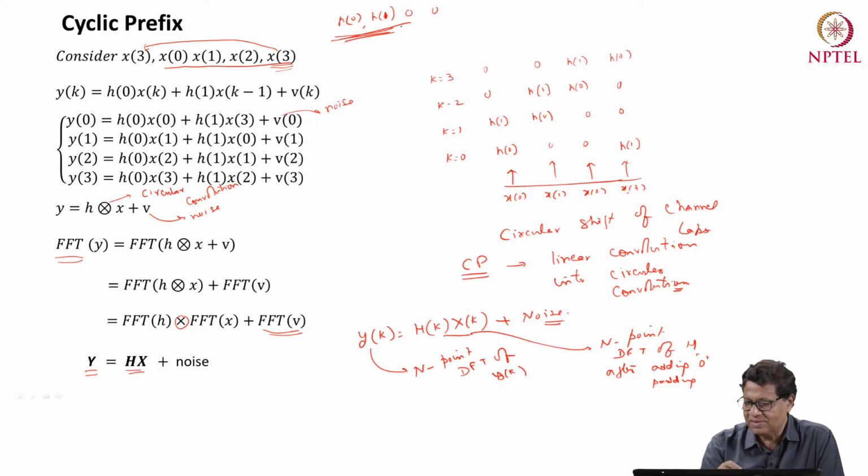So you have added them as 0, and then taken the N point DFT after adding padding with 0. So this basically gives you the output. The output is nothing but the channel coefficient Hk into the symbol, and this is capital Yk.